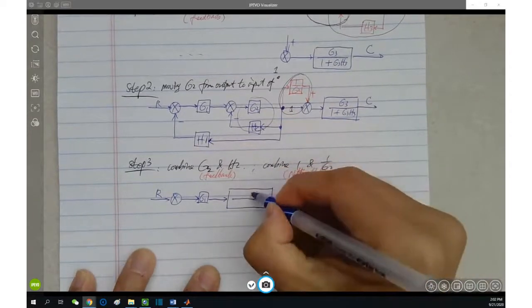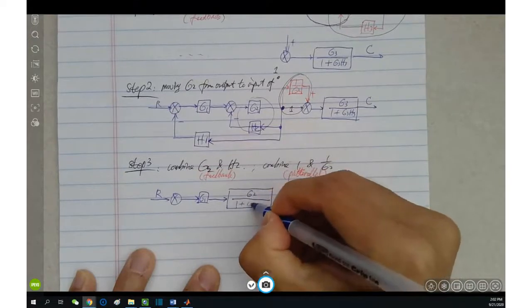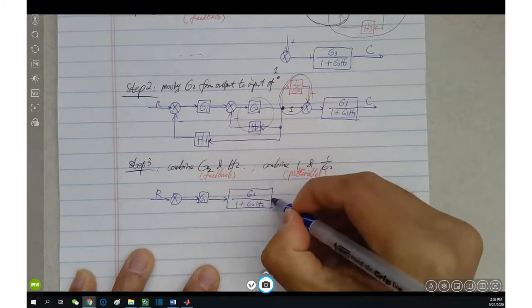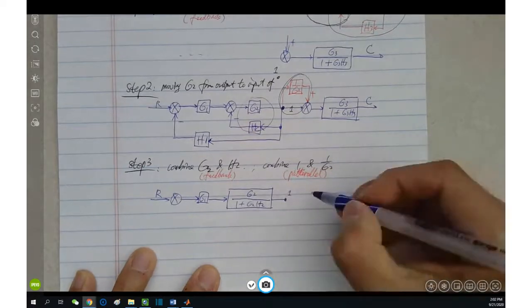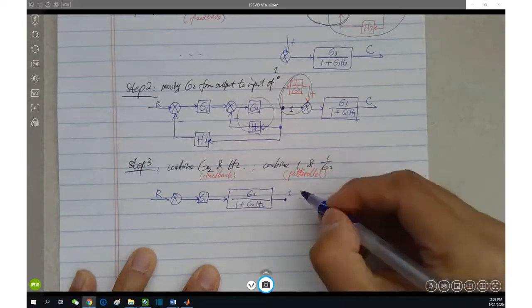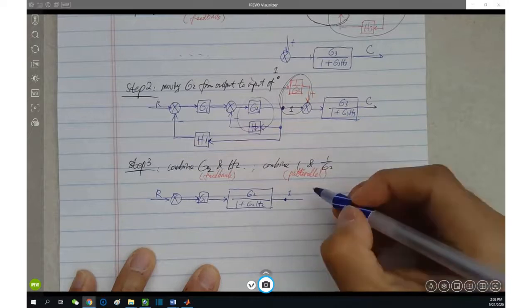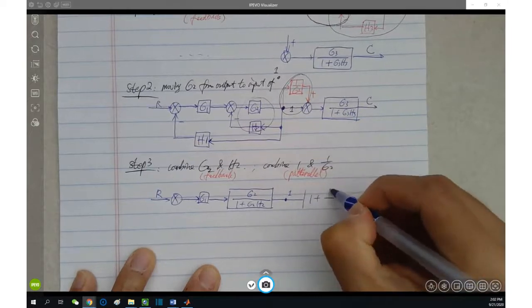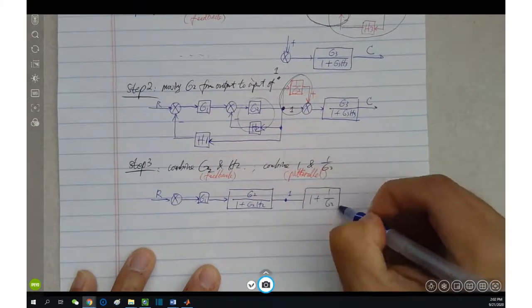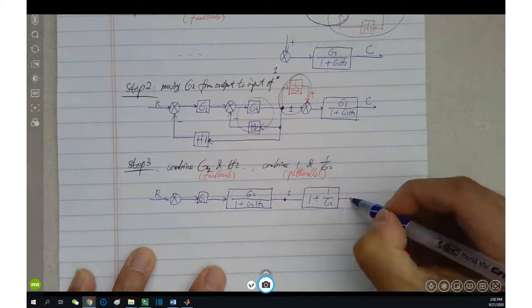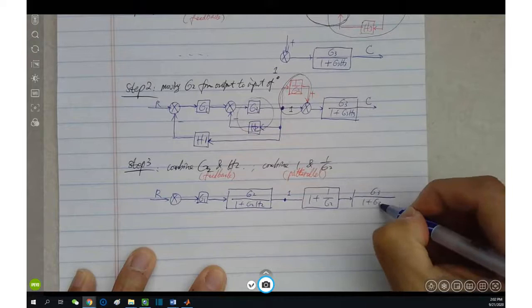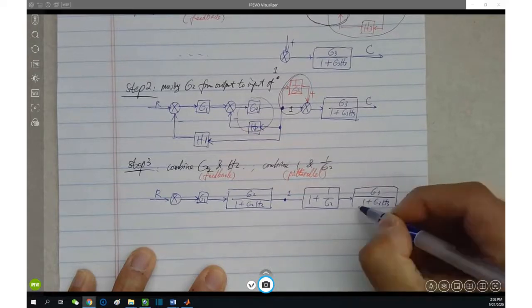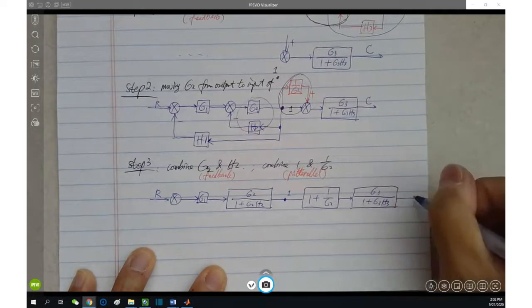Here you have G2 over 1 plus G2. And then you're reaching pickoff point number 1. And then you have 1 plus 1 over G2. And then don't forget the original feedback here.